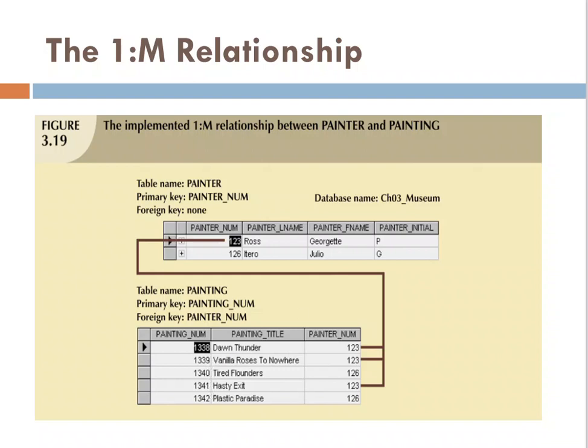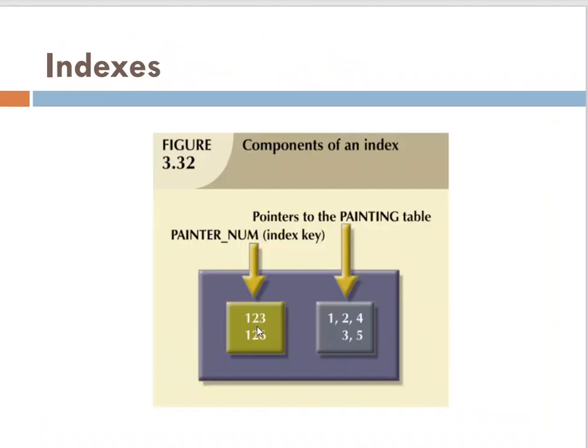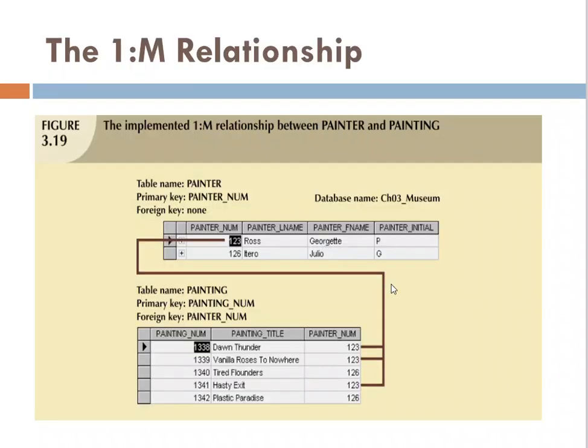Okay, so that's why here the index key 123, pointer 1 to 4. And then the index key 126. Okay, we check the table painting and table painter. Okay, for painter number 126, you can see that he or she has painted the painting number at row number 3 and row number 5.